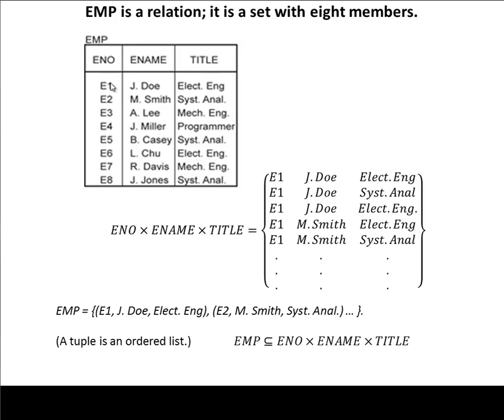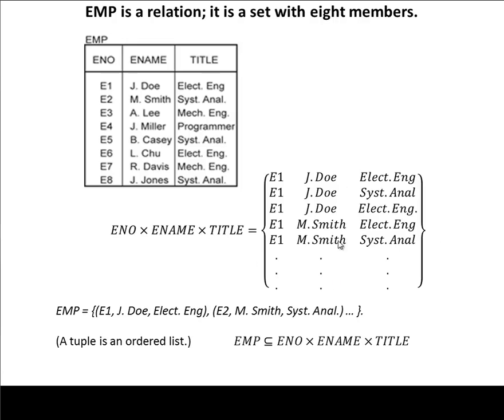And then I repeat the first element and I cross it, let's say, with the second element of employee name. Here it is, over here. I'm doing it out of order of my example. And I cross it with electrical engineer. So the idea is that we just want all combinations of employee name, employee number, and title.